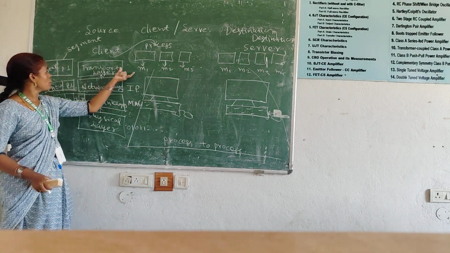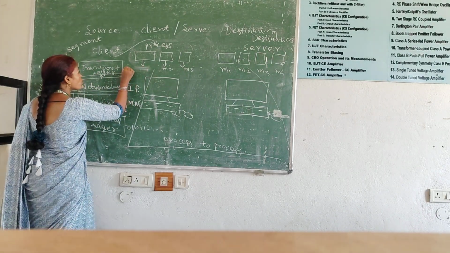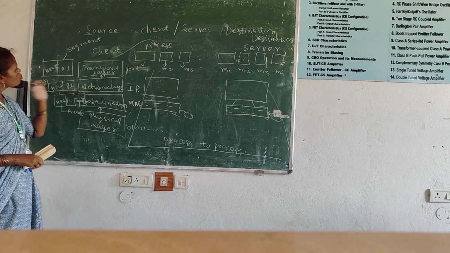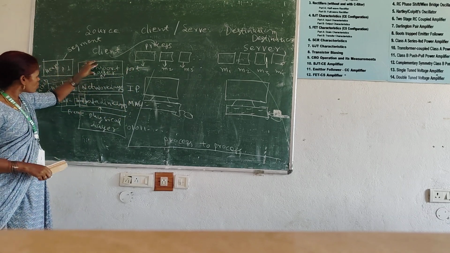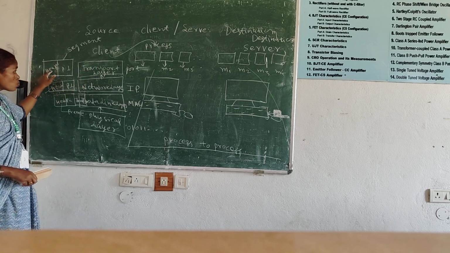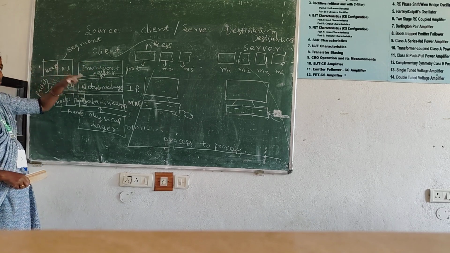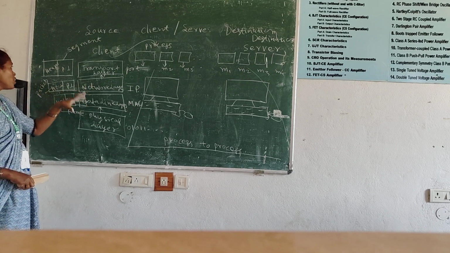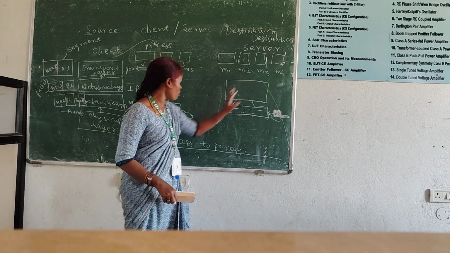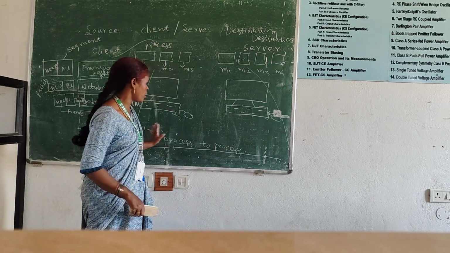In the transport layer, it is the port address. The port address is available in the header: source port address and destination port address. In this way, data is sent from client to the server through process to process directly.